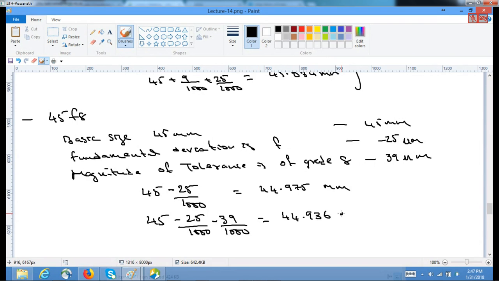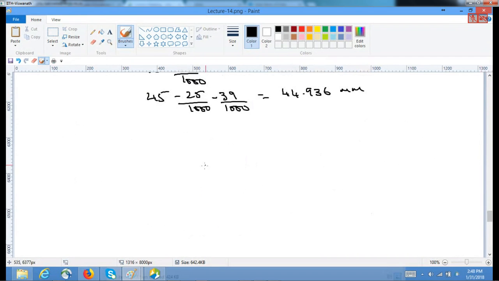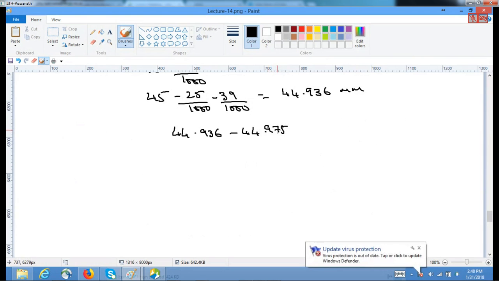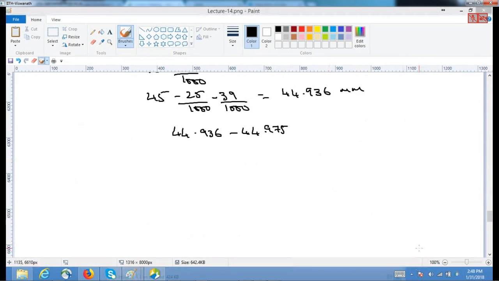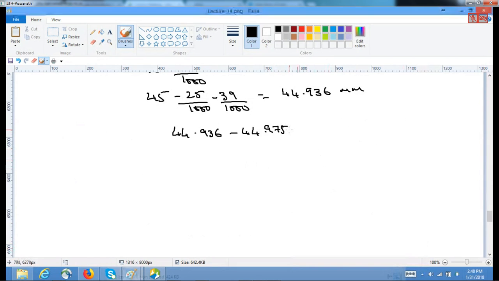So our limits are from 44.936 to 44.975 mm.